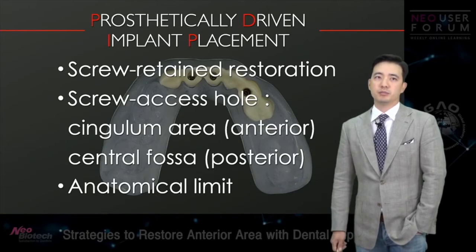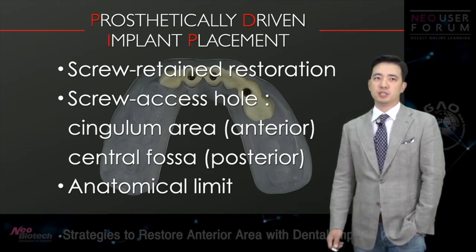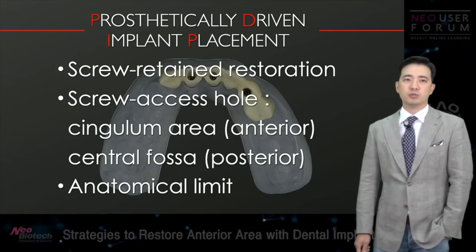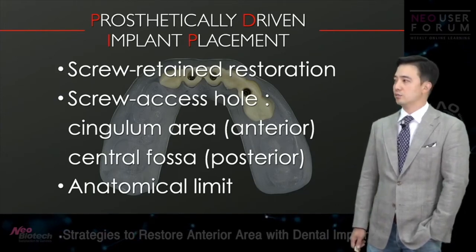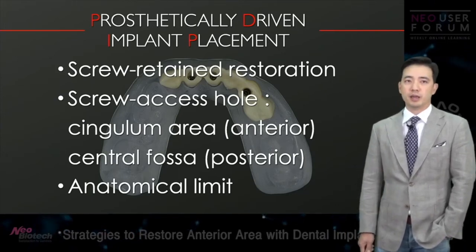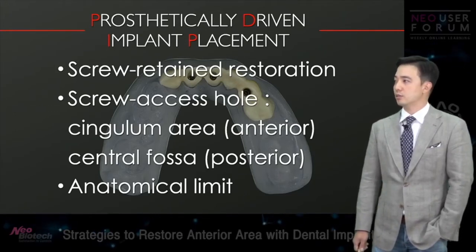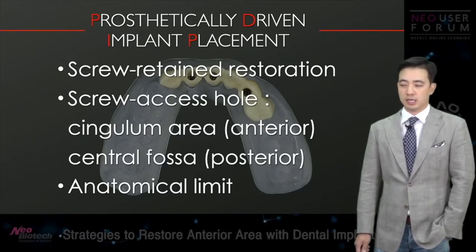Most people would prefer screw retained restoration over cement retained. For the anterior area, you want the screw access holes to come out of the cingulum, and for the posterior area, you want it to come out from the central fossa.